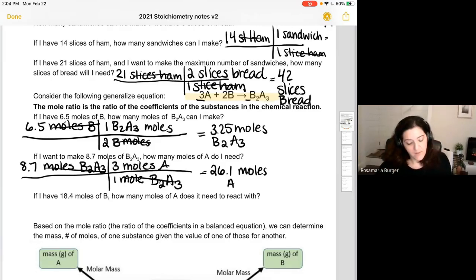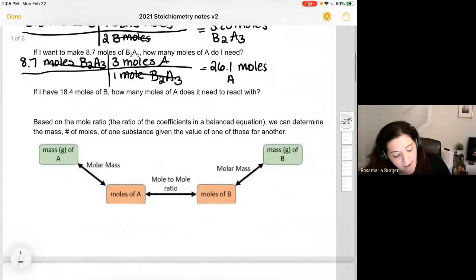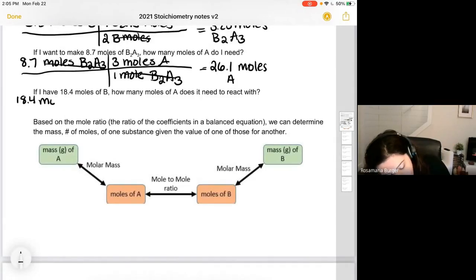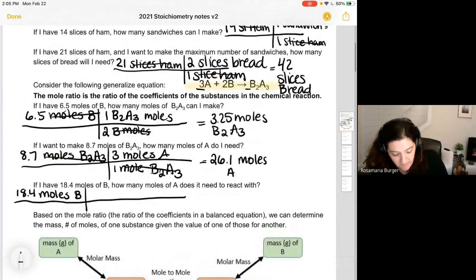Now, I lost it again. If I have 18.4 moles of B, how many moles of A does it need to react with? Well, in my reaction, A and B are in a 3-to-2 ratio.